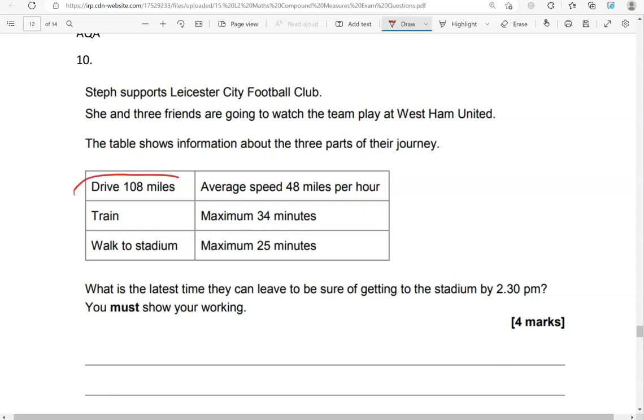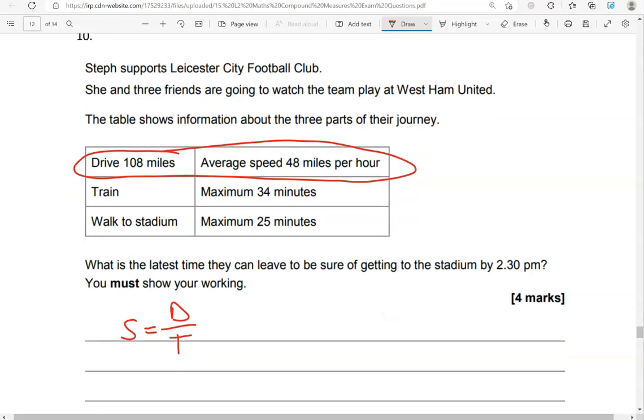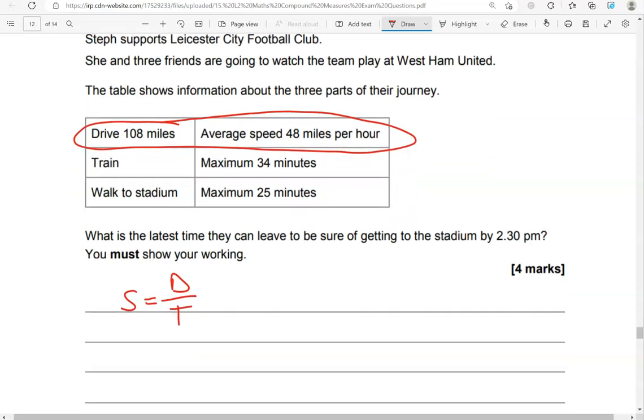Okay, let's work out how long this will take. So we're using the speed formula. We know the speed is 48 miles per hour. We know the distance is 108, but we don't know how long it's going to take.